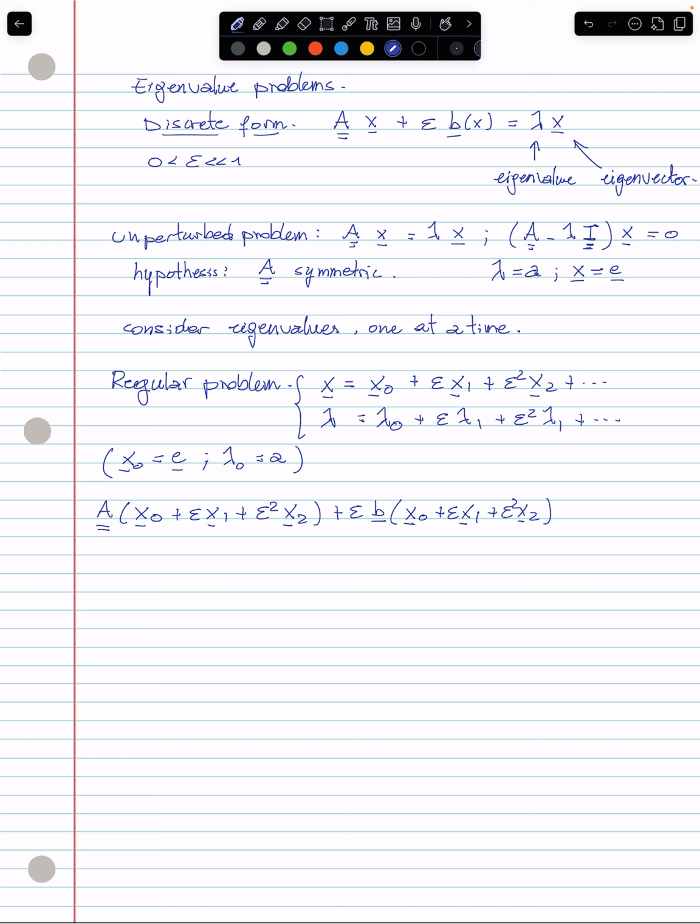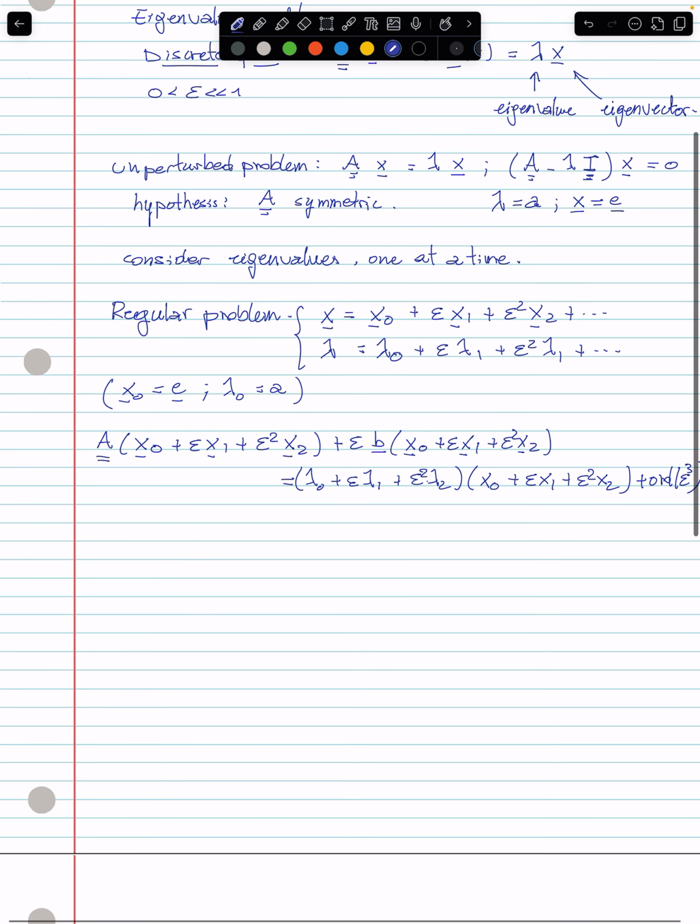And all of that is equal to lambda, so this is lambda 0, epsilon lambda 1, epsilon squared lambda 2, plus additional terms. We need again to multiply this by x0 plus epsilon x1, epsilon squared x2, and so on. What we have dropped for sure are things of order epsilon to the third.